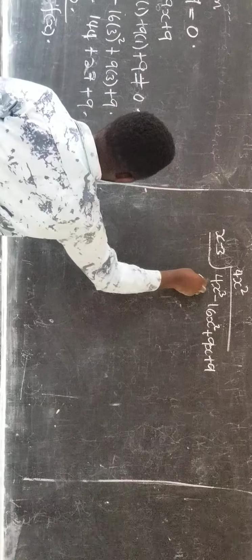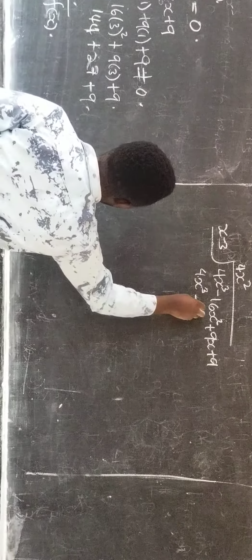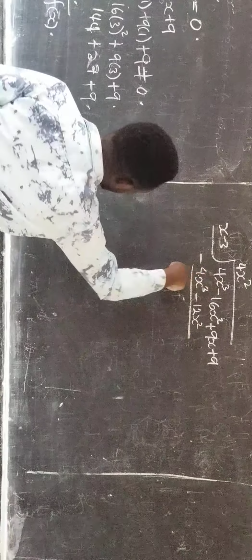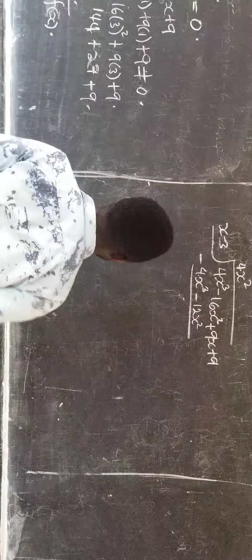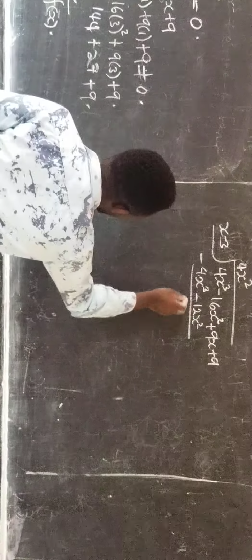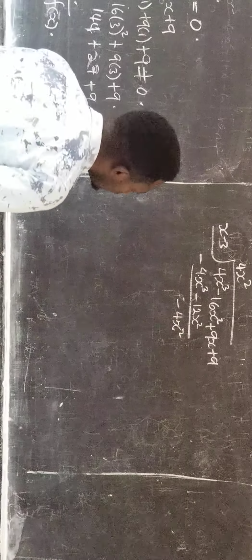4x squared times x, that is 4x cubed. That is minus 12x squared. If you subtract this, 0, minus 16x squared plus 12x squared, that will be minus 4x squared.